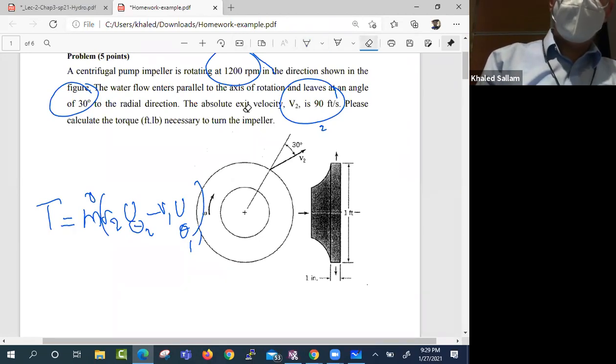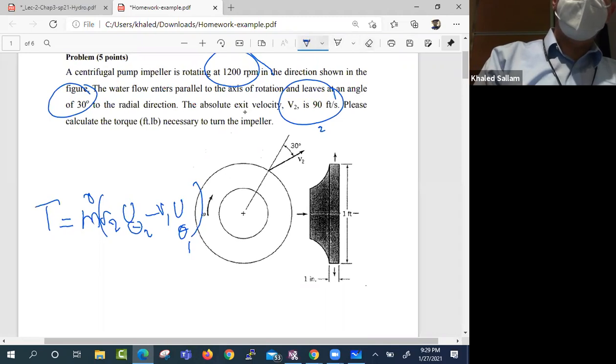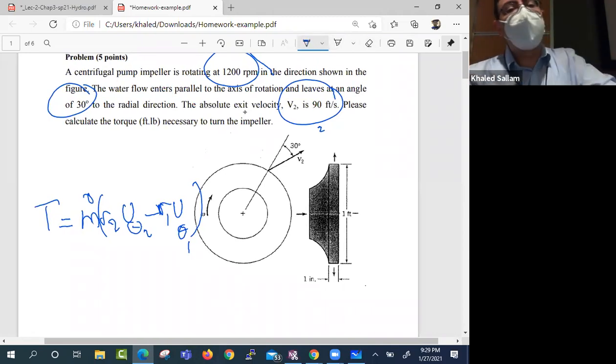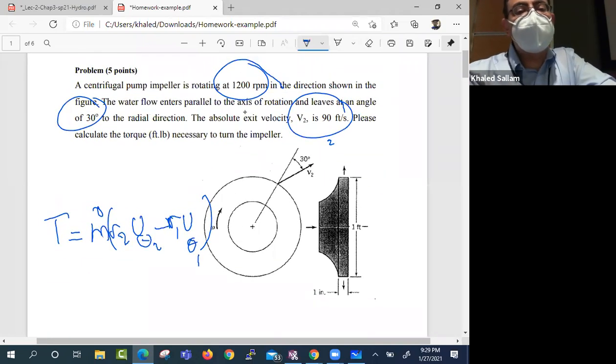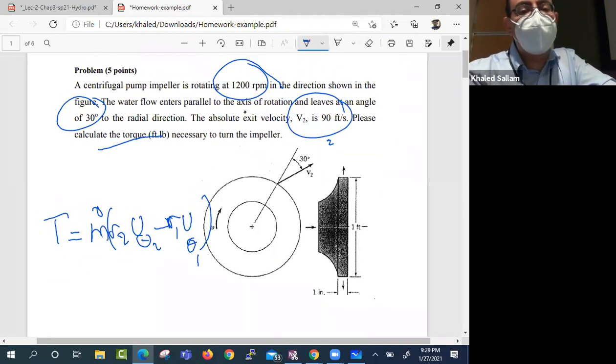But what you need to ask yourself is, why did he pull that equation? And when would I not be able to use this equation, for example? So why did I pull this equation? Because he said calculate the torque. Yes, that's a good reason. But also because what we see in front of us is fluid coming straight and leaving with an angle.